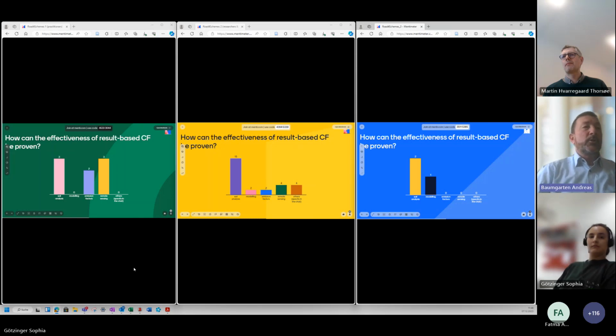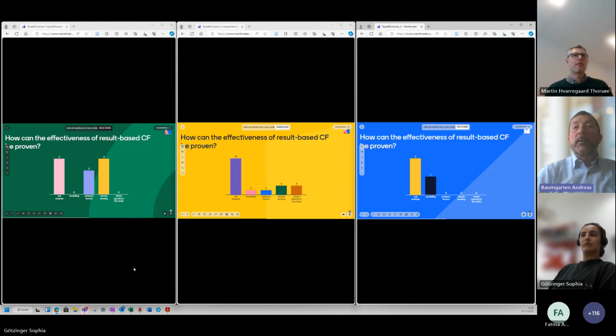So for the practitioners, there seems to be a picture that has equally the soil analysis and the remote sensing, and also the emission factors. For the researchers, we have the large majority with soil analysis.